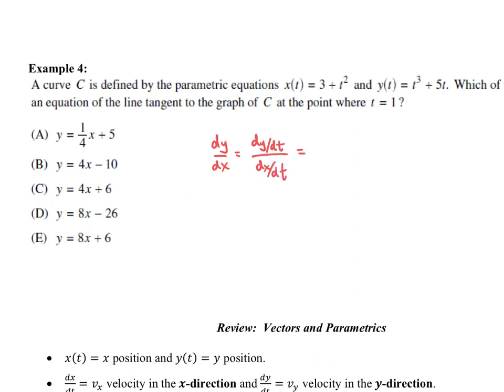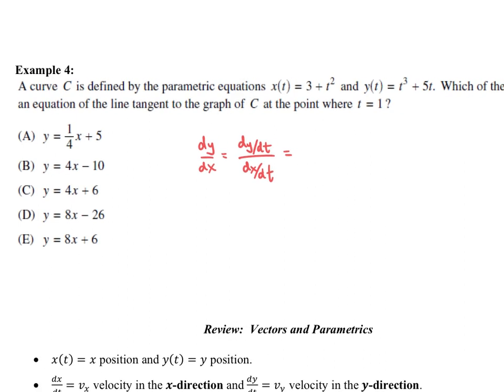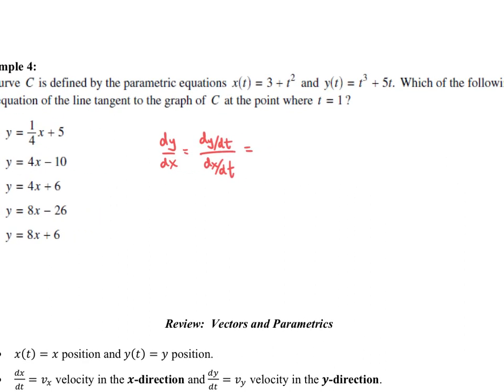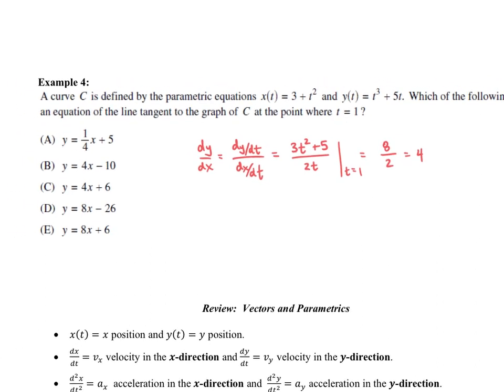So for our particular example, dy/dt will be 3t squared plus 5, and dx/dt will be just simply 2t. t is 1, so let's go ahead and evaluate this at 1. So we have 8 divided by 2, so that's going to give us 4. That's going to be our slope, okay?